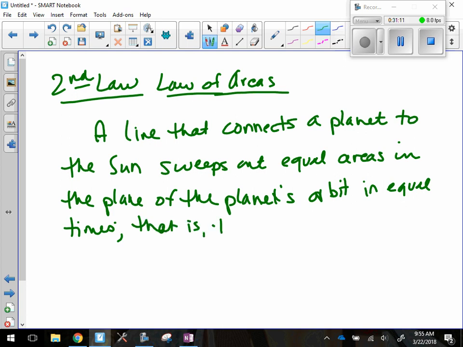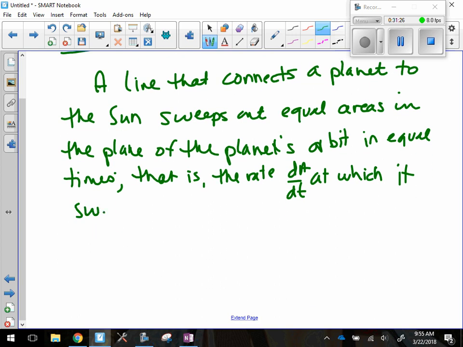That is the rate dA/dt at which it sweeps out area A is constant.